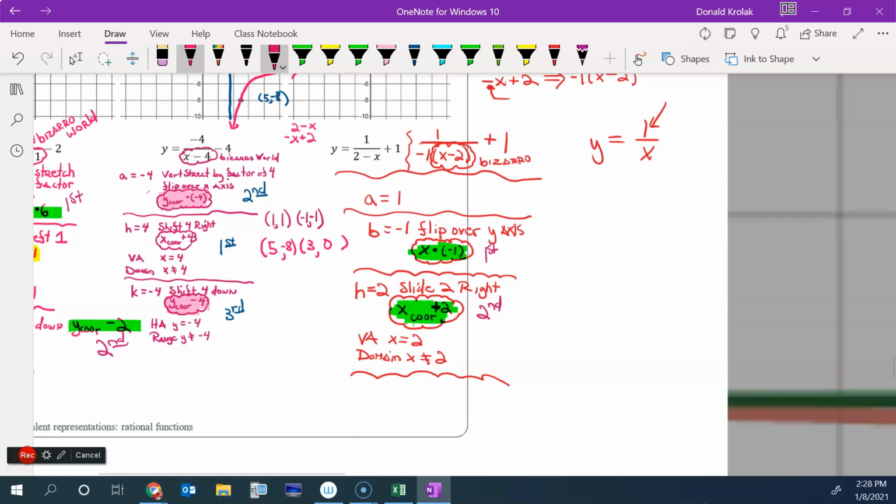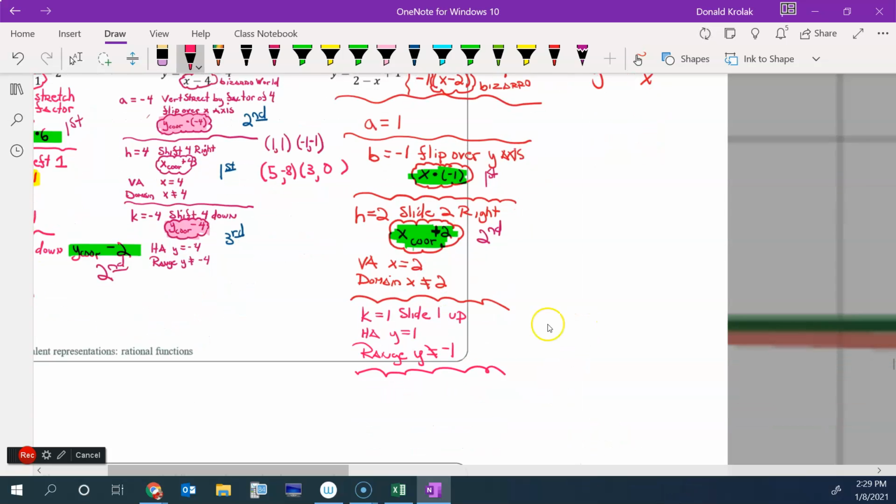All right. Okay, and then finally, I got a k of 1. Okay, and the way that I do that slide is I'm going to take my y coordinate and I am going to add 1 to it.